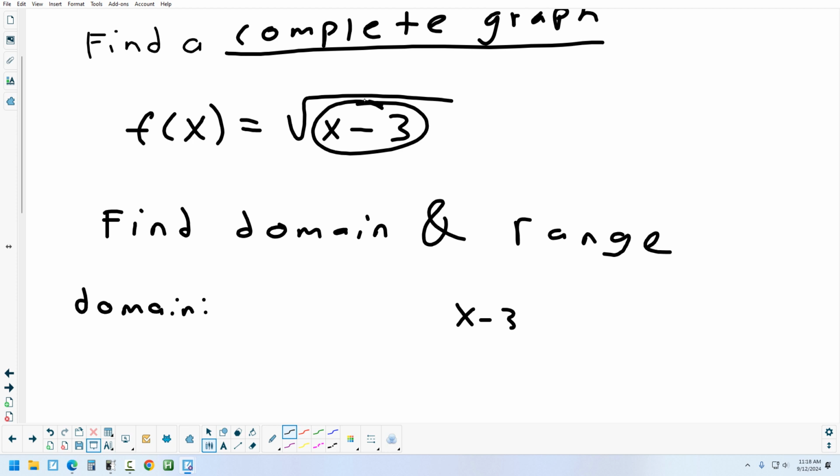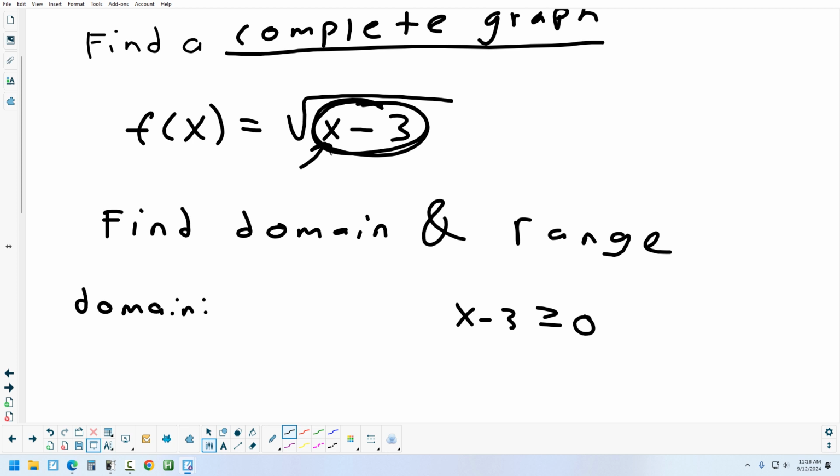I'm saying the whole thing that I circled has to be 0 or higher. So to make what's under the radical 0 or higher, what kind of numbers can you pick for x? That's going to be my domain. Yeah. 3 or higher. You can pick numbers that are 3 or higher.